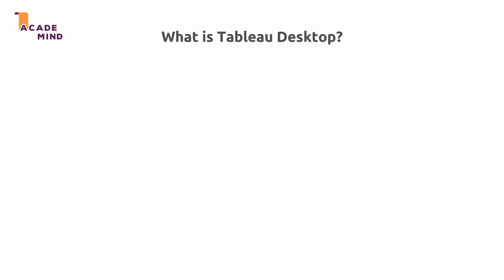Now this brings us to the question what Tableau Desktop actually is. And you can actually summarize Tableau Desktop with two single points. Tableau Desktop is all about data analysis and data visualization. So it basically combines these two items. This means that Tableau Desktop is a user-oriented data analysis tool, a so-called business intelligence tool.